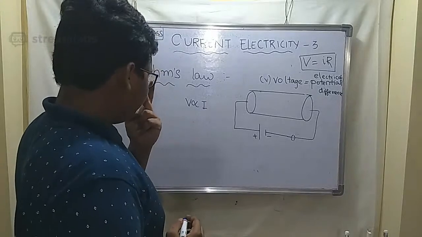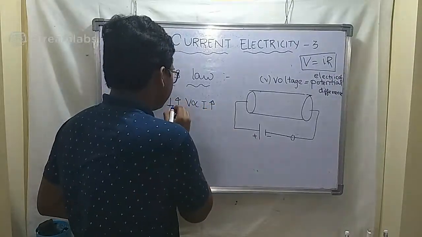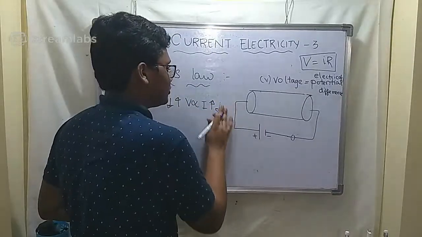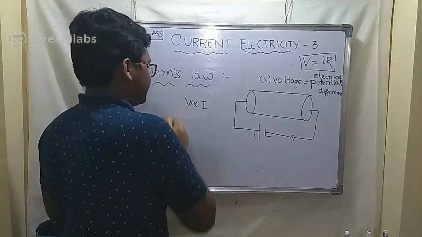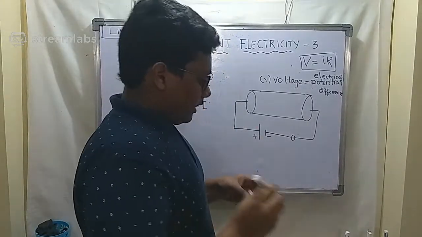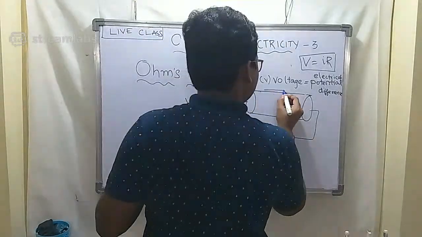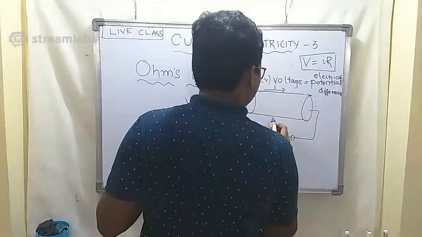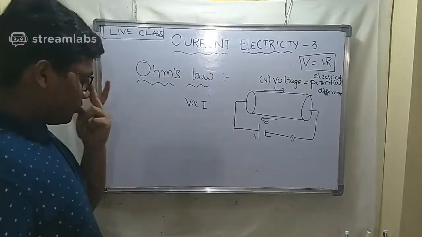It means that if this increases, this increases. If this decreases, this decreases. That is proportionality. Now, I will be in this direction, the conventional current, and E the electrons.